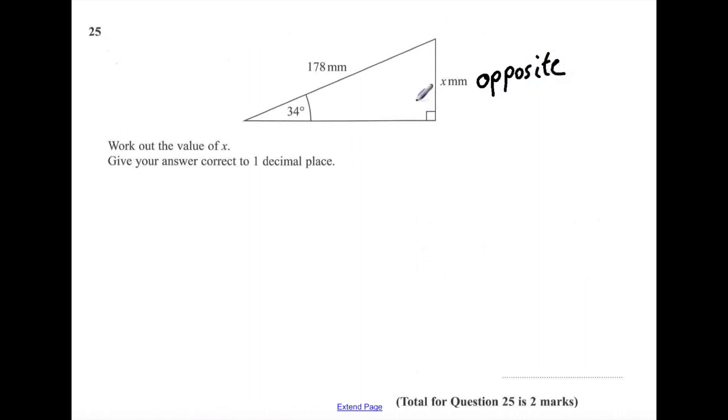And the side opposite the right angle is known as the hypotenuse. And the last side is known as the adjacent. Given that we want to work out the value of x and we've got the hypotenuse, I'm therefore going to be using the sine function.